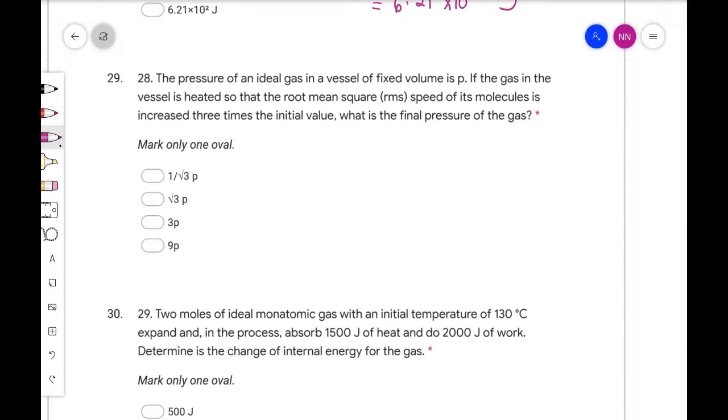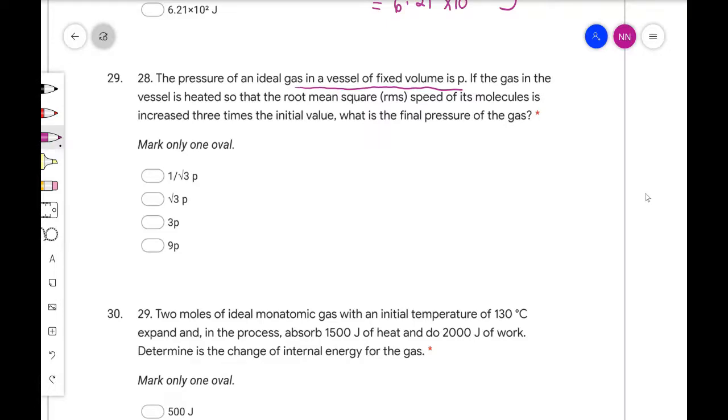Alright, and then number 28. The pressure of an ideal gas in a vessel of fixed volume is P. If the gas in the vessel is heated so that the root mean square speed of its molecules is increased 3 times of its initial value, what is the final pressure of the gas?